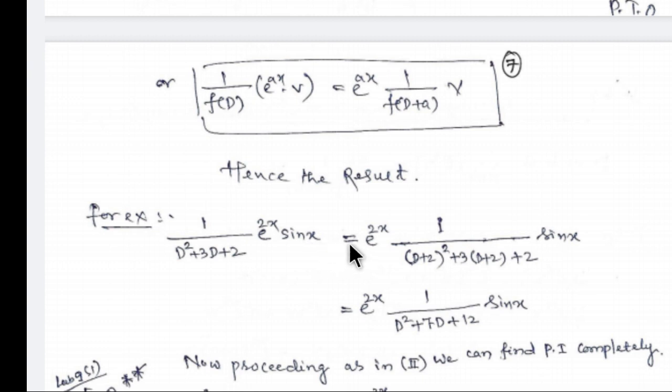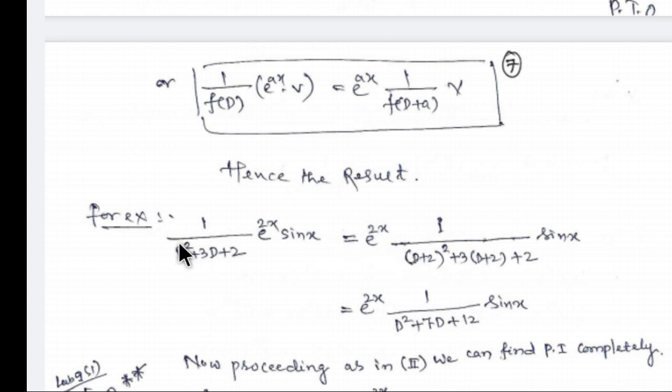So you see that here I am applying this formula to this one. Shift this exponential function from the right side of this operator to the left side of this operator. Okay, I have shifted this e raised to 2x. Then in the same way you can replace every D by D plus 2 here. D plus 2, since the coefficient of x is 2.